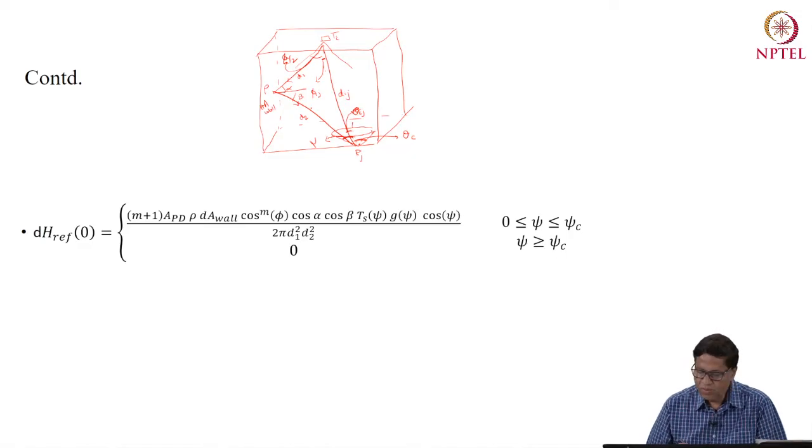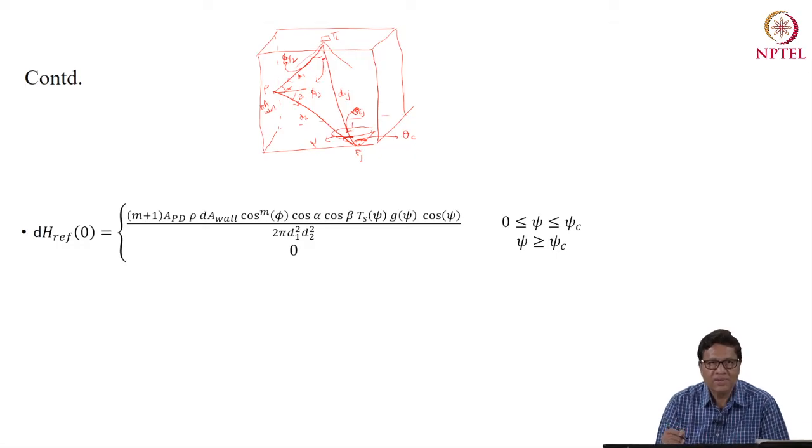The component dH reflected, I am referring to this as reflected from the walls. That optical wireless function, I have written d here because a small area of the wall is considered. Normally, when you do the recursive method for channel modeling, you divide the whole wall into grids.